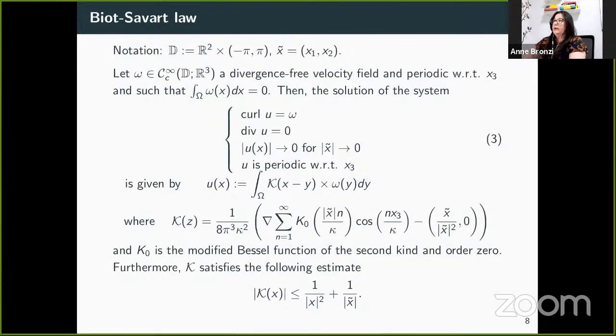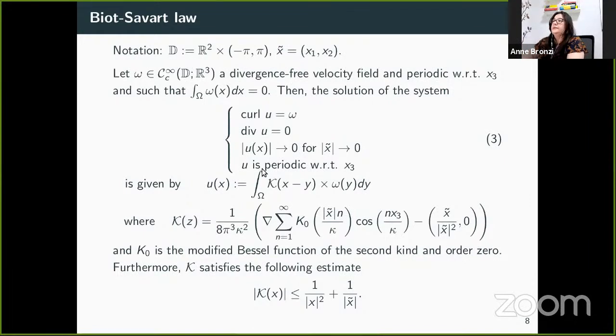Okay, as usual, we are going to look at the Biot-Savart law. We know that the vorticity is the curl of u, and now I want to write u in terms of the vorticity. Then you use the Biot-Savart law. We have the Biot-Savart law in R2 and R3, in the whole space and bounded domains.